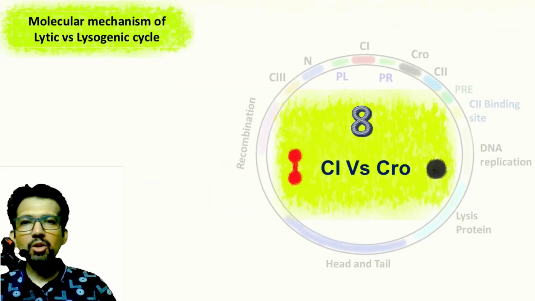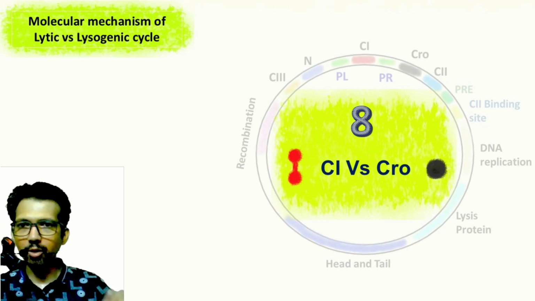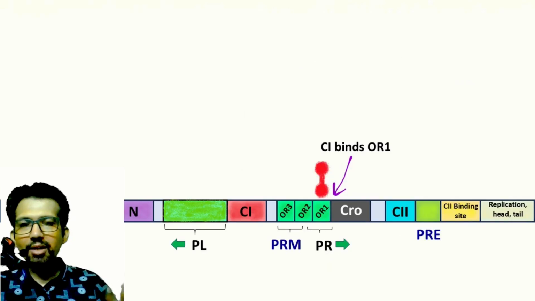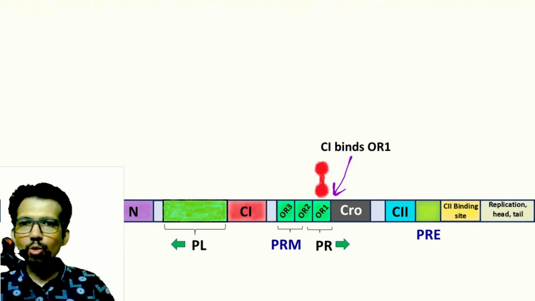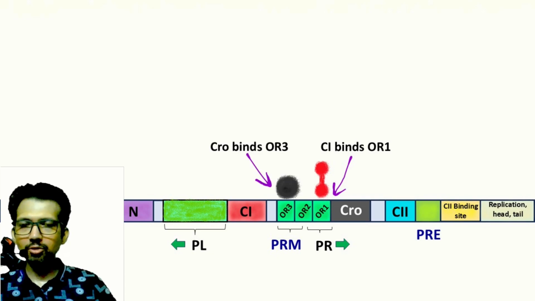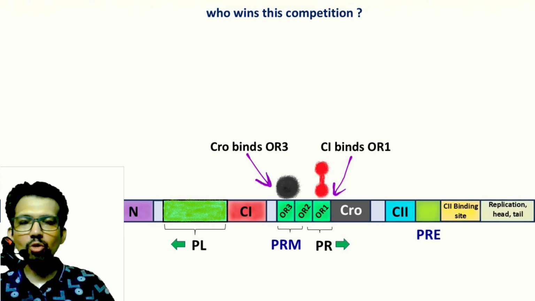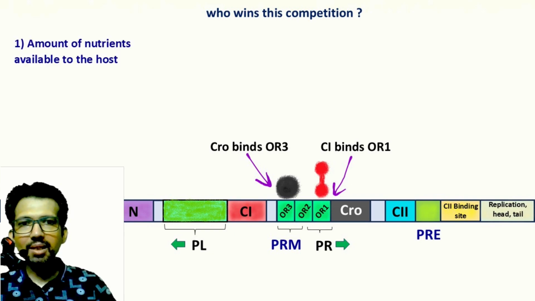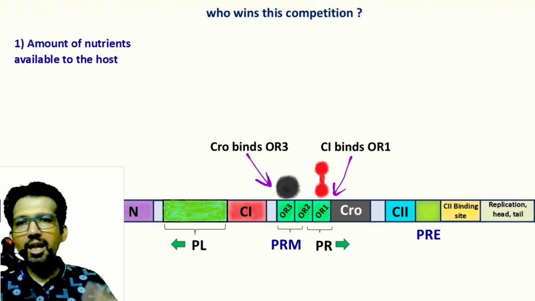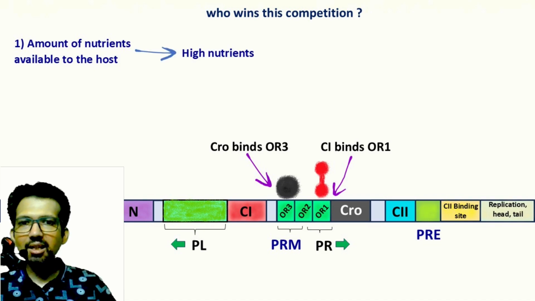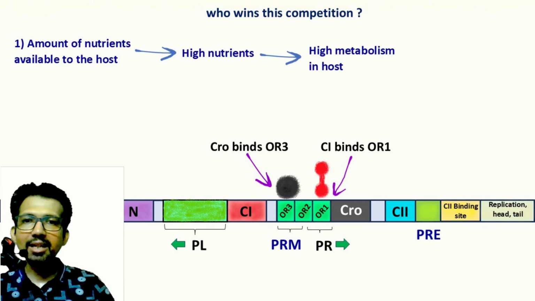Now let's talk about the competition between CI and CRO. So this is what we have seen so far. CI binds OR1, whereas CRO binds OR3. So the question is, who wins this competition? The answer to this question depends on several factors. The first one is the amount of nutrients available to the host. If the nutrient concentration is high, the host is metabolically active.